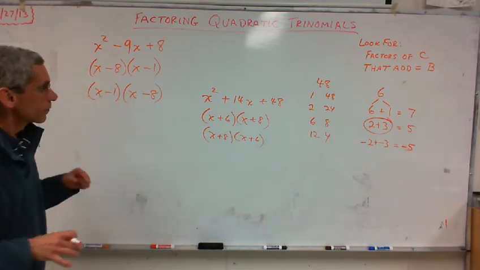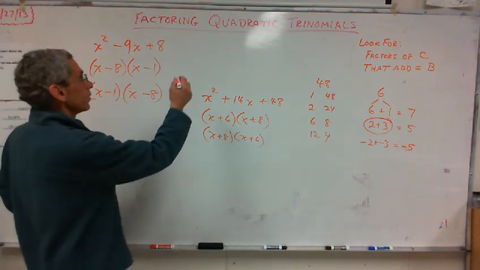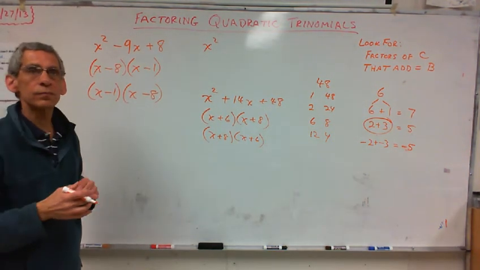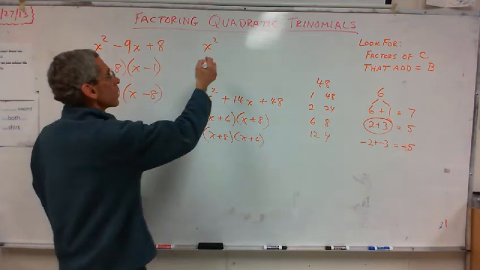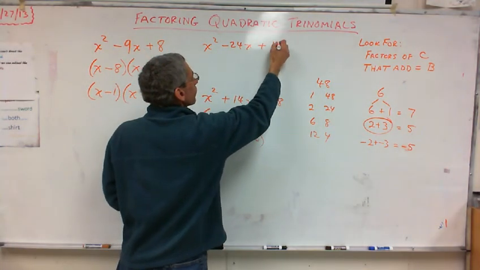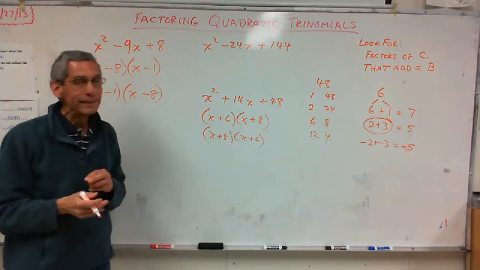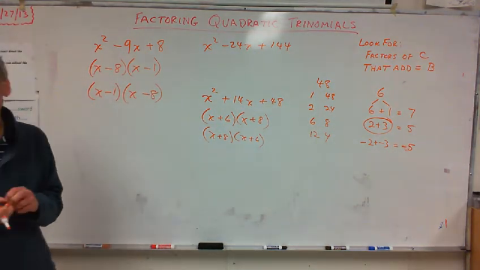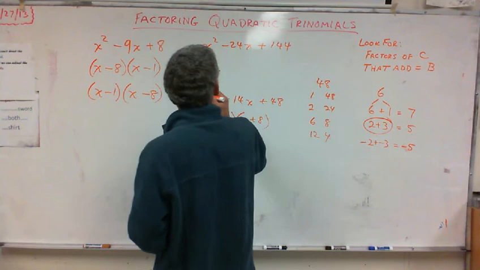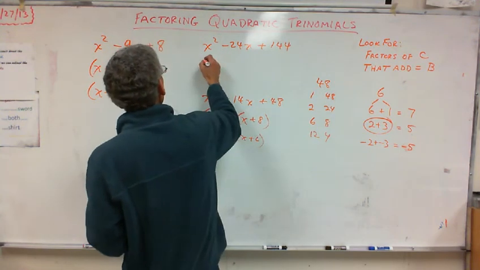All right, how about this one? x squared minus 24x plus 144. Raise your hand if you know. Elizabeth, what do you think? Negative 12 and negative 12.